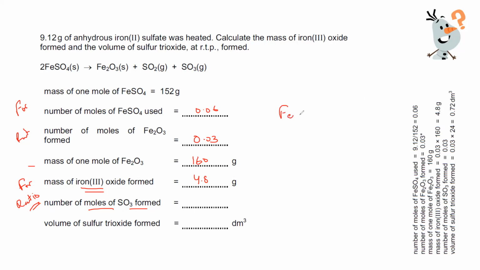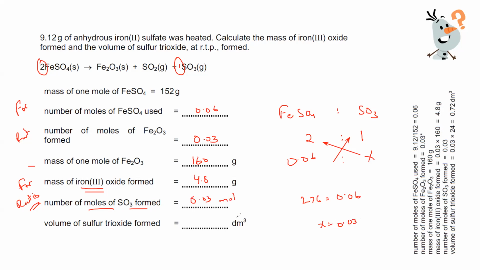If I take the ratio between iron sulfate and sulfur trioxide, 2:1 is the ratio. So if we have 0.06, then this will be x, then cross multiply. 2x equals 0.06, so x equals 0.03. We'll get 0.03 moles of sulfur trioxide.